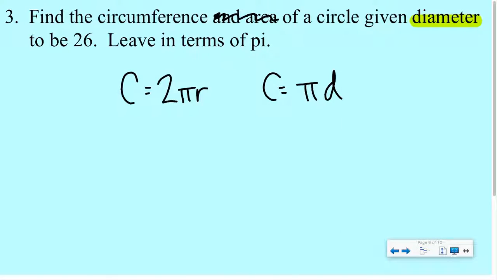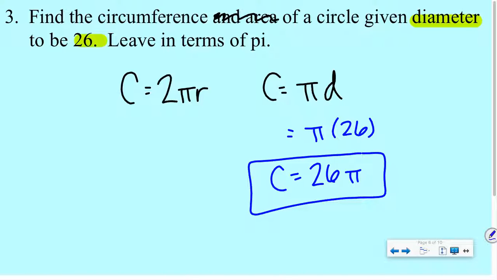And when I read this, it says the diameter is 26. So if it were me, I'd use the diameter one. And 26 times pi is just 26 pi. So that's how you would write your answer in terms of pi. If it said round this to the nearest tenth, well then you'd have to get out your calculator and put 26 pi in and then round it to the tenth. Good on those two?